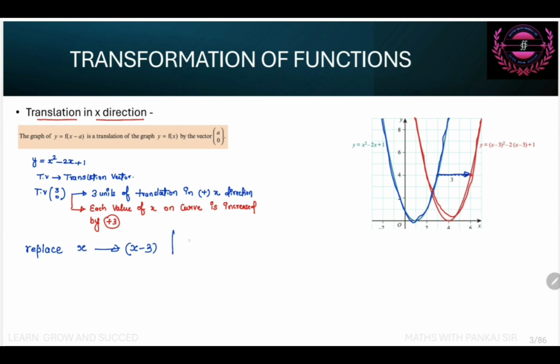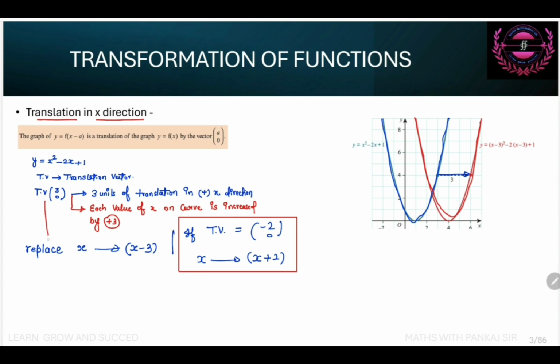And in case the translation vector is given as (-2, 0), I will replace each value of x in the function with x plus 2. So if the translation vector is (-2, 0), I will replace x with x plus 2, and if the translation vector is (3, 0), then I will replace x with x minus 3.